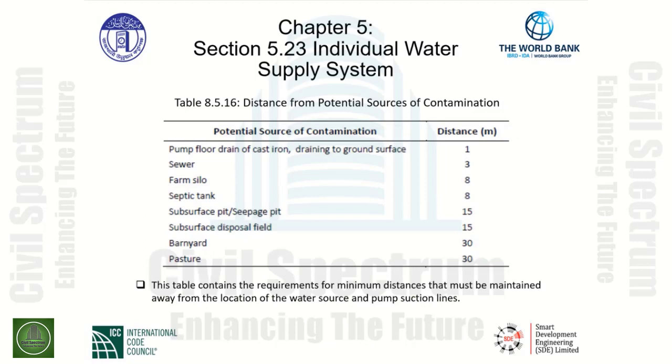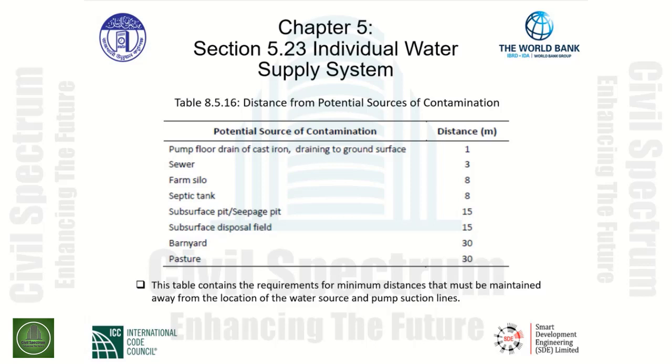The Table 8.5.16 gives us minimum distances from potential sources of contamination. As seen here, on the left-hand side is the potential source of contamination, such as pump floor drain of cast iron draining to the ground surface, sewers, farm silos, septic tanks, subsurface pit, seepage pits, subsurface disposal field, barnyards, and pastures.